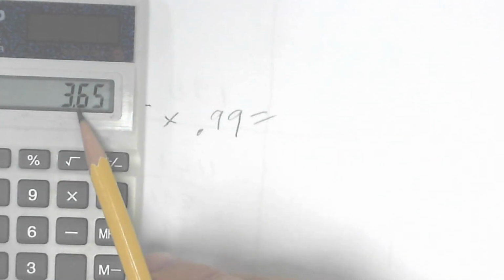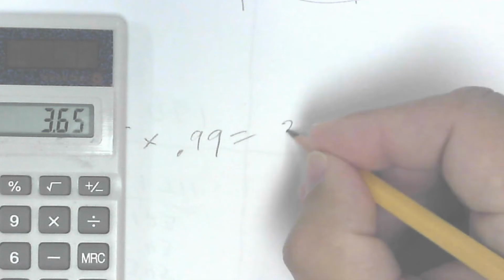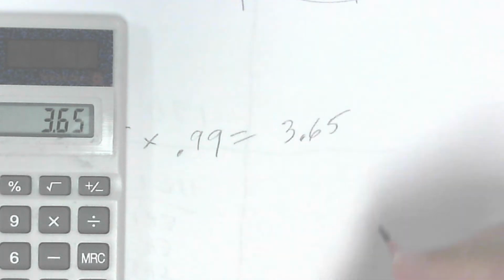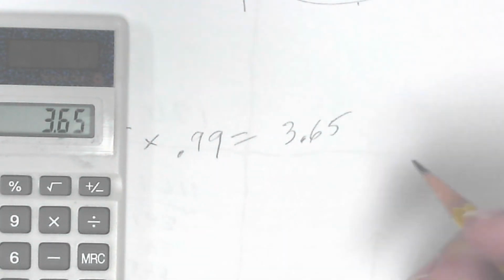So you've got approximately over 3.5 days that the system's down. So almost 4 days.